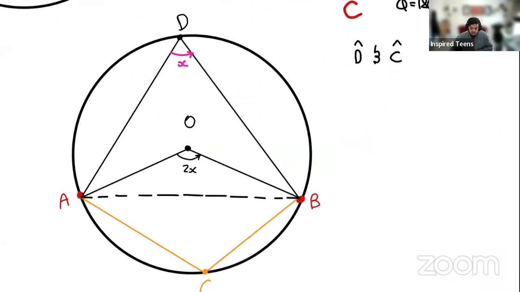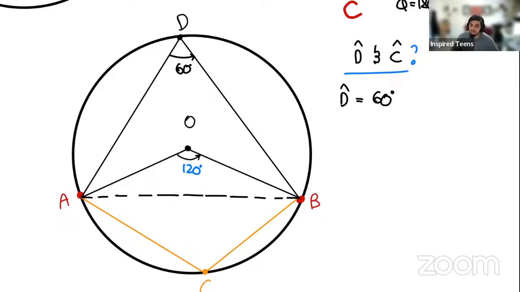So here in this case, for example, let's just give values. Let's just say the angle here is 120, and they want us to determine C and D. D is easy to determine because D is half of the angle at O. D is 60.